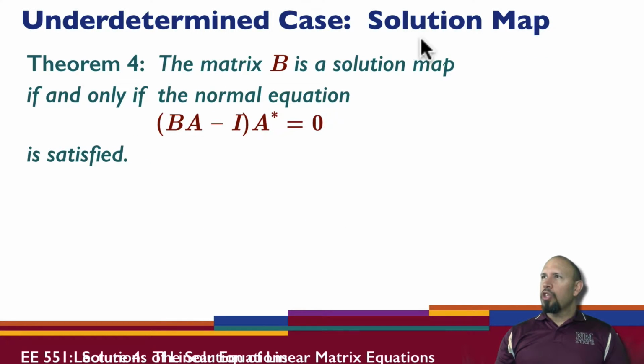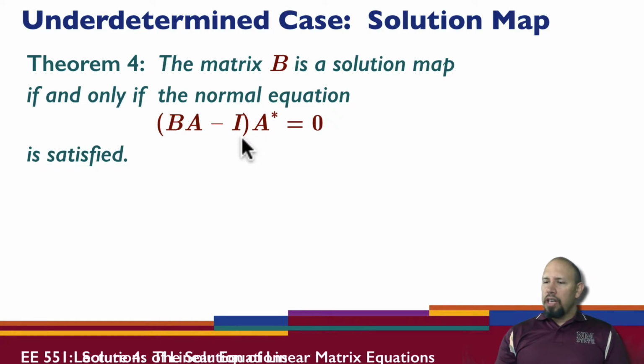We can also look at the solution map for the underdetermined case. The matrix B is a solution map if and only if this normal equation holds. Notice that this normal equation is different than what we had before. Here the A adjoint is on this side, the B and the A are multiplied in the opposite order, so we have a different normal equation in this case. Again, we go through and prove this kind of thing.